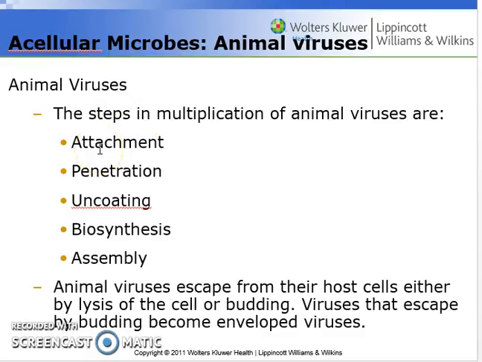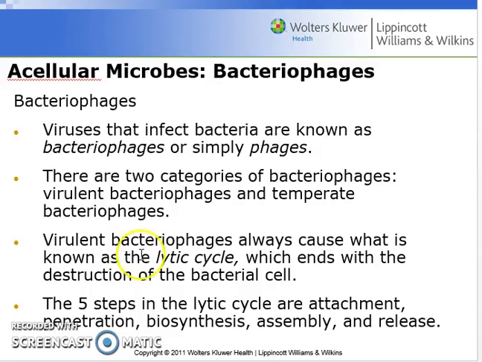Again, with viruses, attachment and penetration are the key things that take place when a virus infects a cell. With animal viruses, we have some primary steps, and for the most part, these are exactly the same as what we saw with the lytic cycle: attachment, penetration, biosynthesis, assembly, and release.